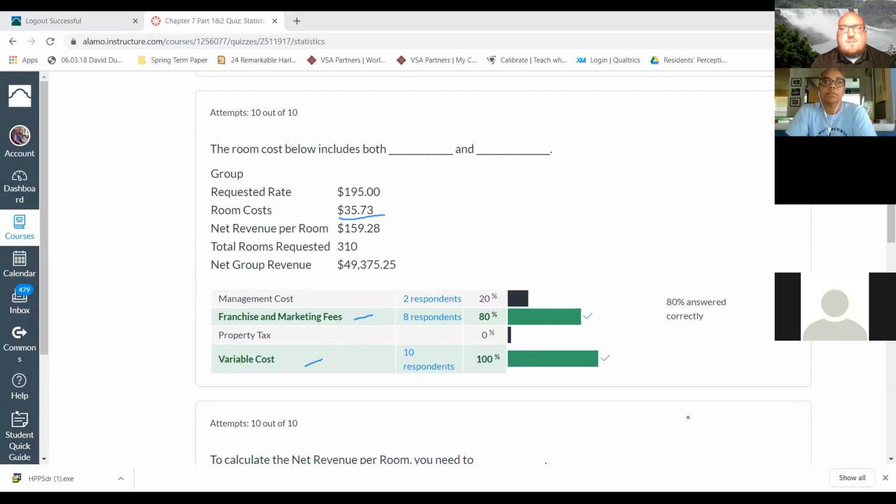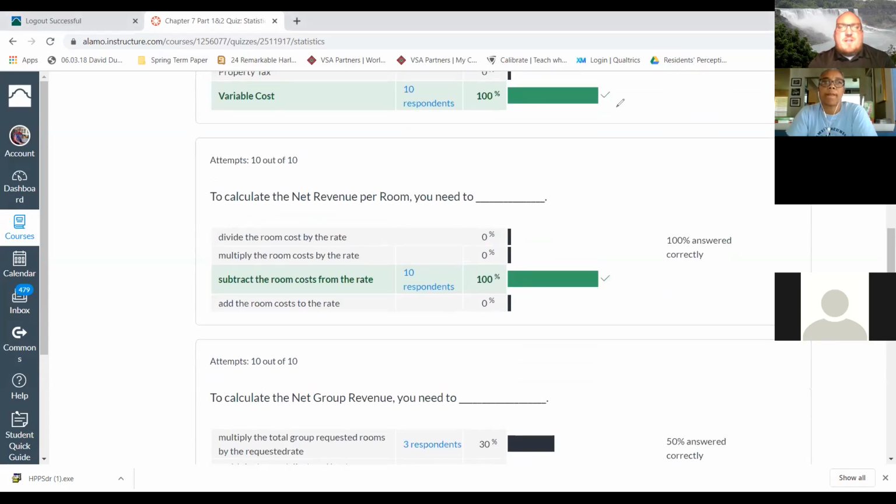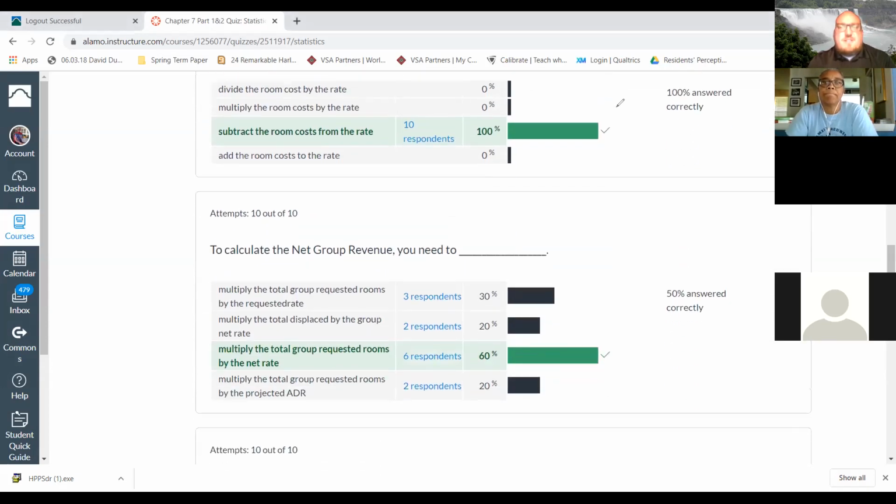So that's the variable cost. I believe in this case it was $25, and then plus whatever the fees were as a percentage. And so this room cost includes both, and all that information is given to you at the very top of your displacement analysis. Room revenue, we need to subtract the room cost, good, 100%.